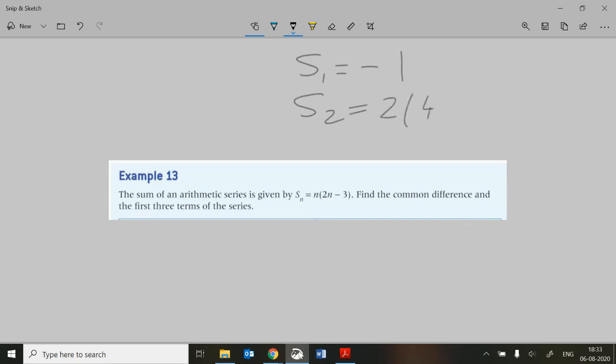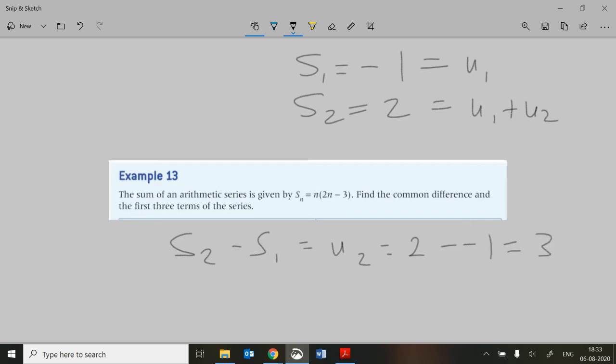We've got 2 times 4, take away 3, which is 2. So remember that this is the first term, that's U1. This is U1 plus U2. So when I do S2 take away S1, I'm left with U2. And that's going to give me 2 minus minus 1, which is equal to 3.